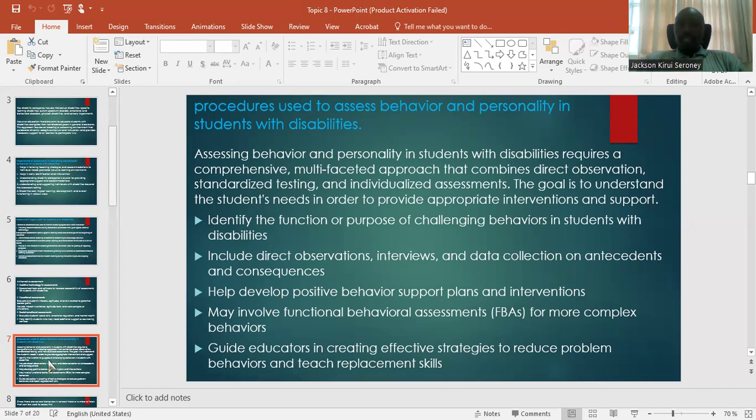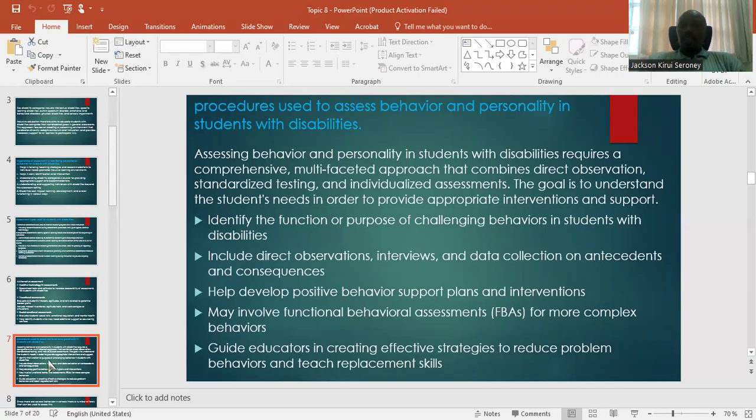One, we need to identify the function and purpose of the challenging behavior in students with disabilities. Two, we need to help develop a positive behavior support plan intervention, which may include functional behavioral assessments. And thirdly, we need to guide educators in creating effective strategies to reduce problems.